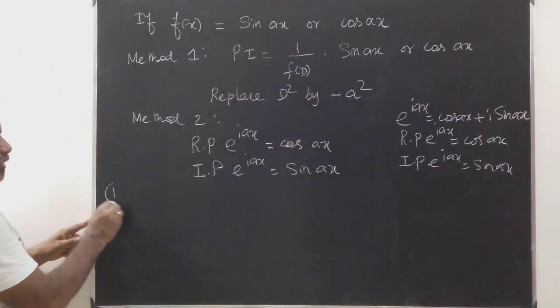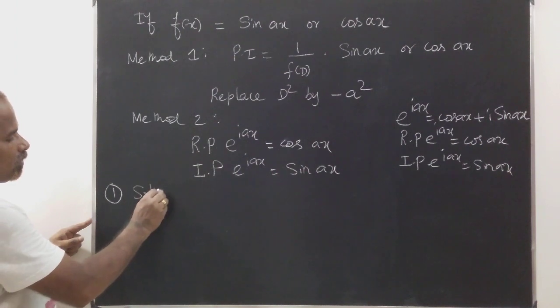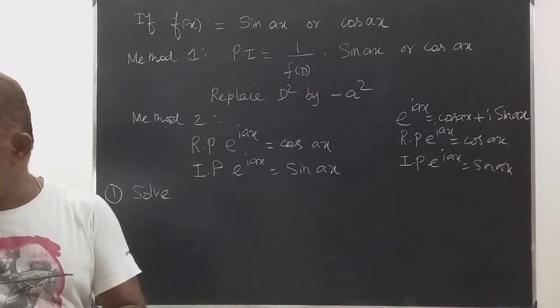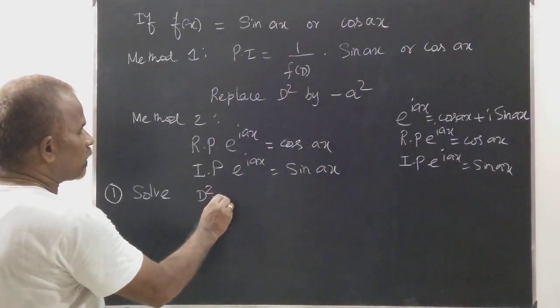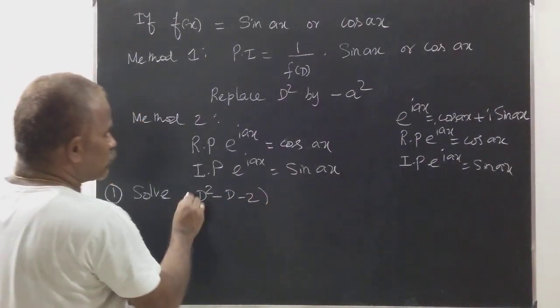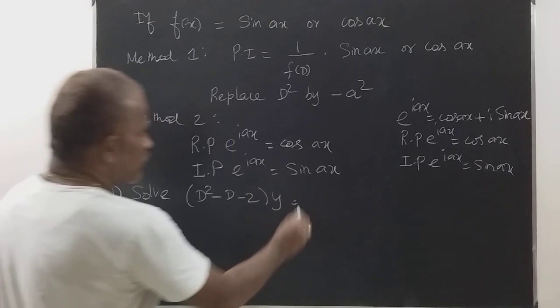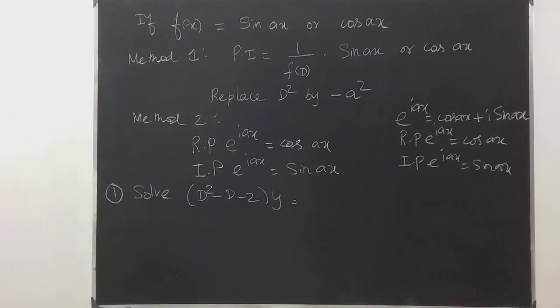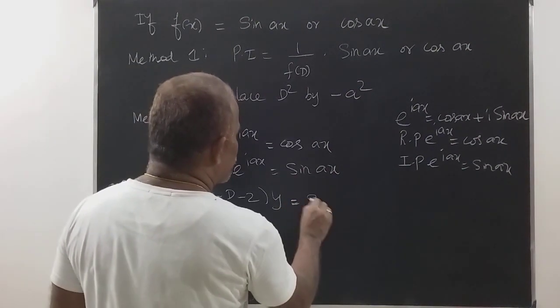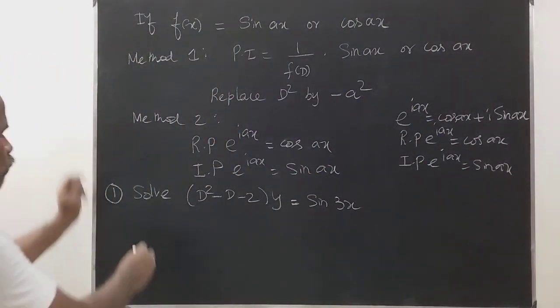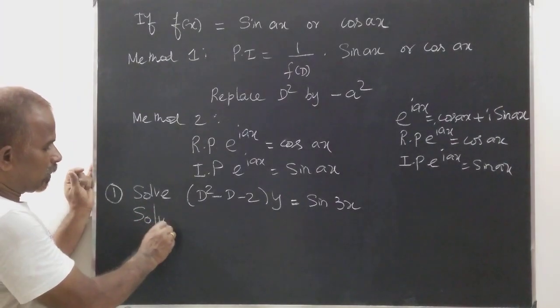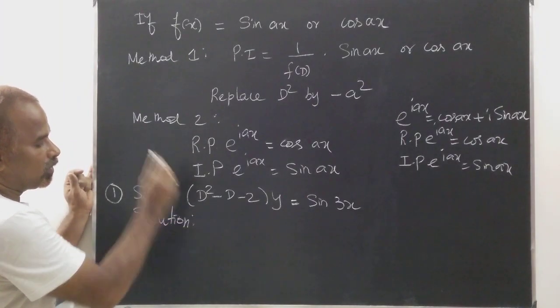Number one, the question is: solve the differential equation d square minus d minus 2 into y equal to sin 3x. Solution.